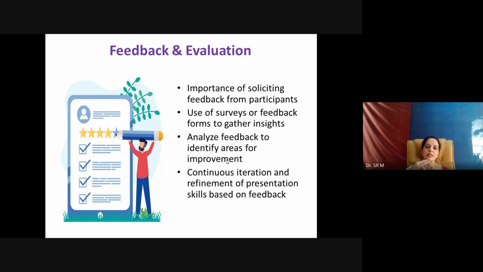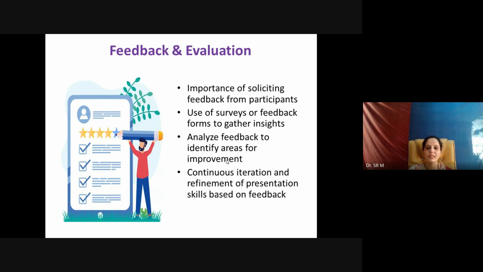In quantitative, you can ask about their satisfaction ratings and statistics. In qualitative feedback, you can give open-ended questions so that you can seek open-ended responses, their observations, document analysis. That means you are trying to provide a comprehensive understanding of the participants' perceptions.